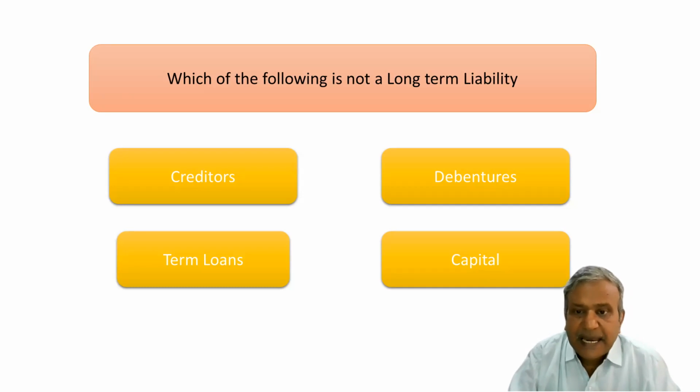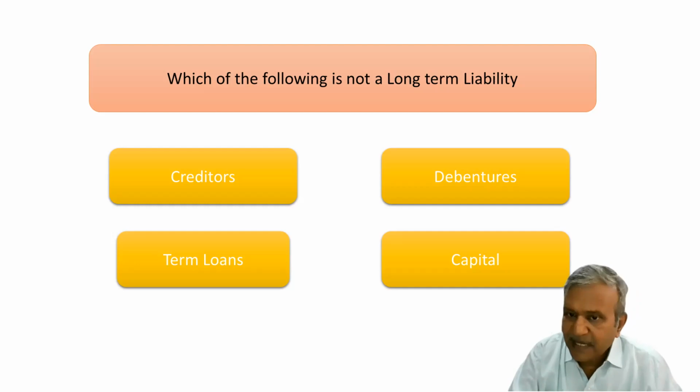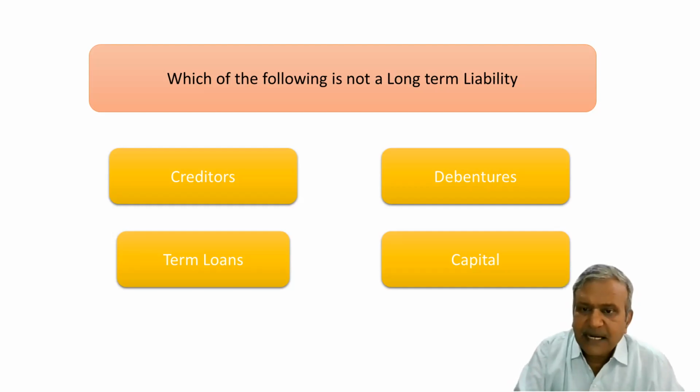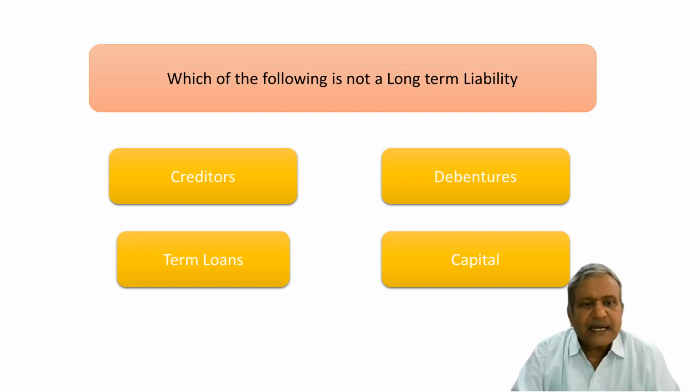So capital is a liability of the firm to the owners. It is a long term liability, because we don't close the company immediately.